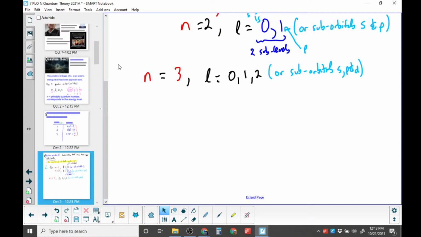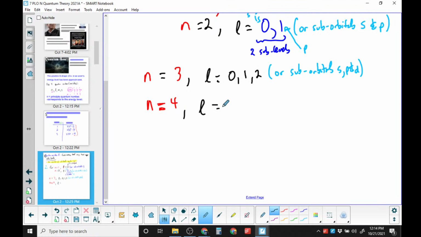Okay. And we can continue on, of course, for N is equal to 4. And this is about the last time you'll ever see it. L is equal to Davis. Excellent.